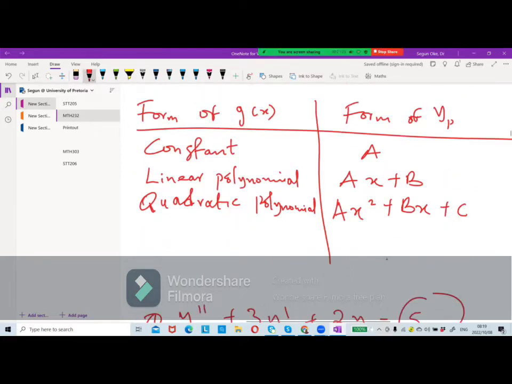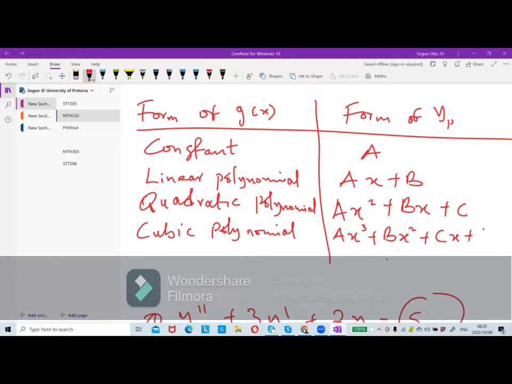Then, if I have a cubic polynomial, for example, I will have Ax cubed plus Bx squared plus Cx plus E.